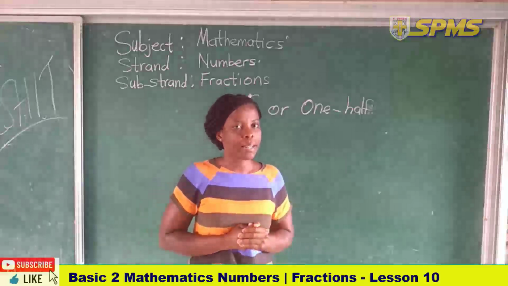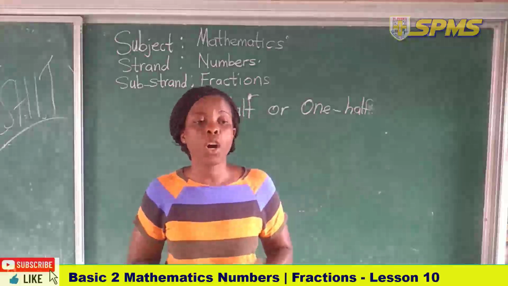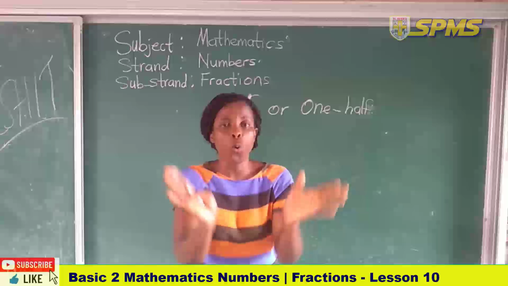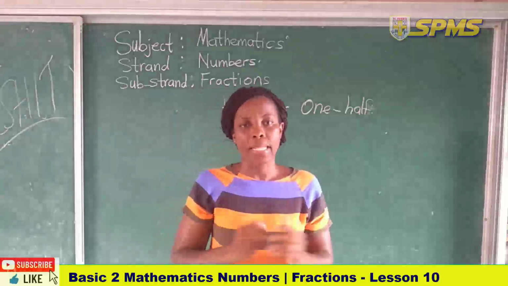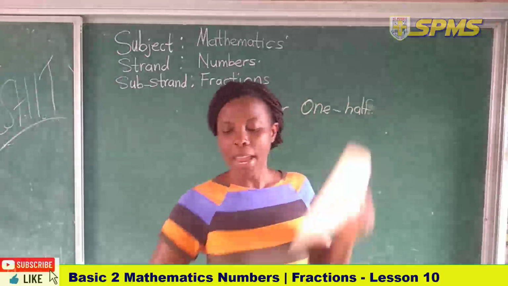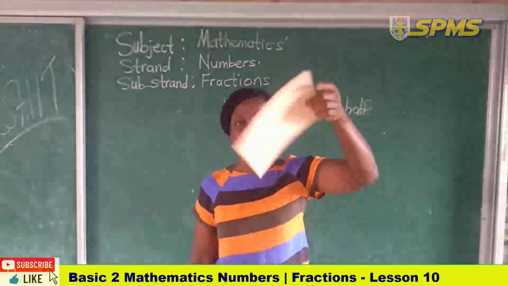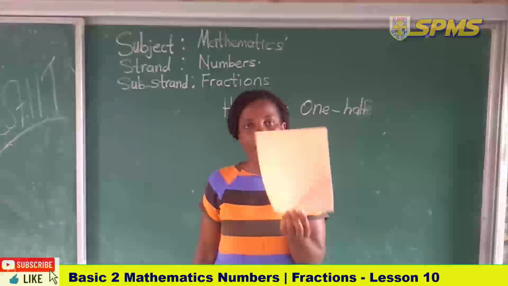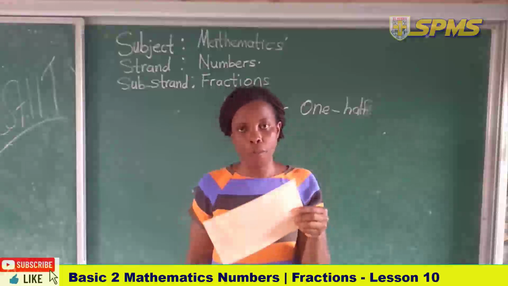I'm saying it again: 1/2 or half is obtained when a whole is divided into 2 equal parts. Let's take, for example, my object. I have not divided it, so it is one whole, in its complete form.